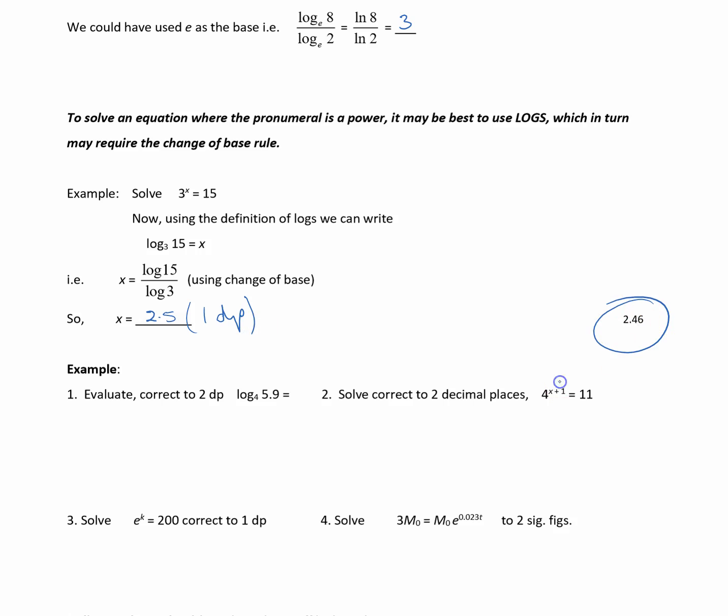So this first example here is straight out evaluate, log 5.9 to base 4. I'll use a change of base, so it's log 5.9 divided by log 4.